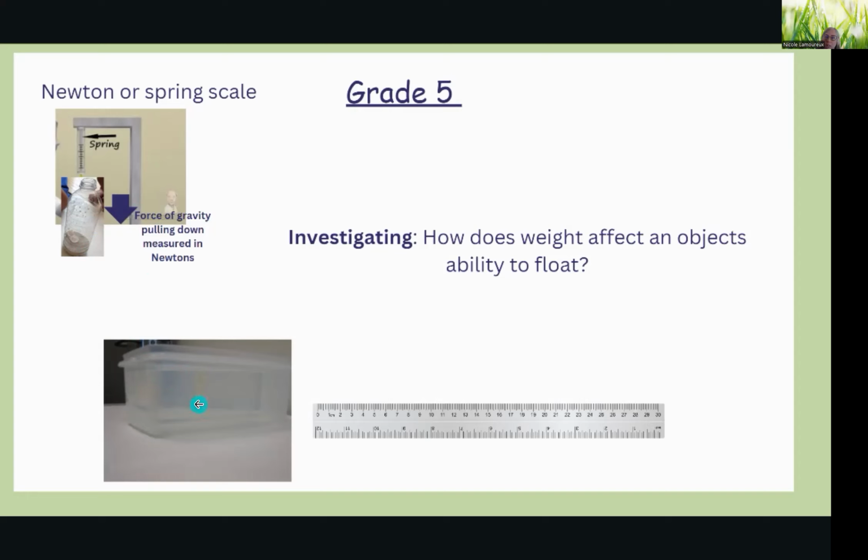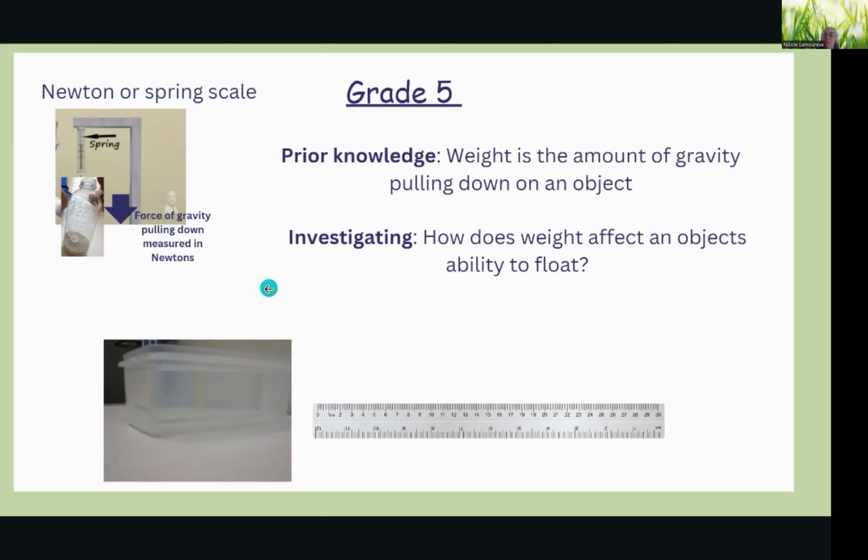They're going to measure that with the ruler. How submerged is it in water? So they need some prior knowledge, obviously, because they can regurgitate to you that weight is the amount of gravity pulling down on an object, but they don't fully understand that. That's why I like a spring scale, because it shows pulling down as best as possible, because hint, hint, gravity is unobservable.